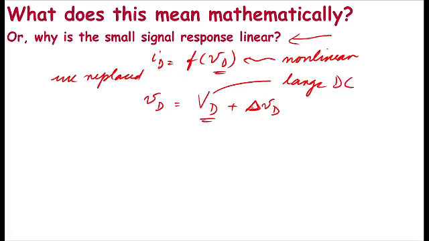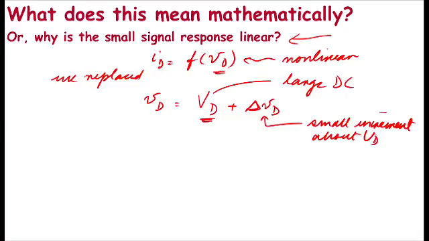Delta VD represents a change, a delta, about the DC offset VD. So this is a small increment or a small change about VD. When we talk about circuits, notice that we are going to replace this more conveniently with small v, small d. So when doing the math, I'm going to use delta VD, but in circuits, we'll use a more convenient notation, small v, small d.